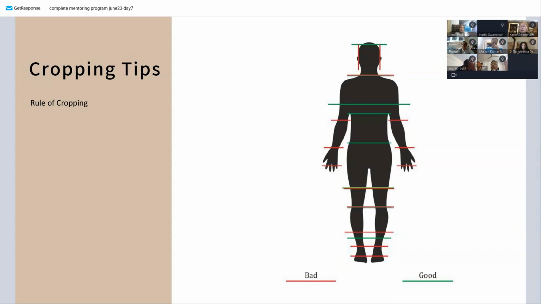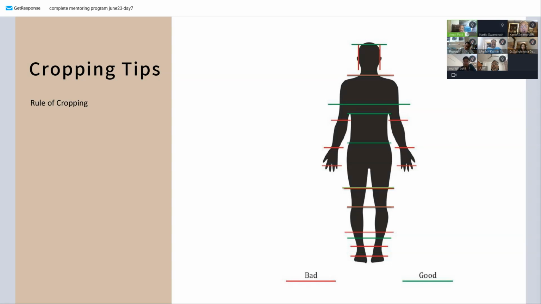Whenever you are cropping a human figure, these are the things that you should keep in mind. The green lines is where it is okay to crop, whereas the red lines are bad areas to crop.